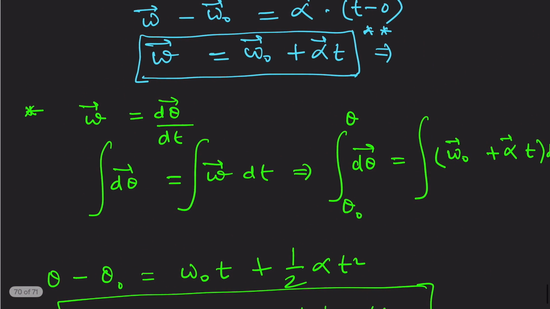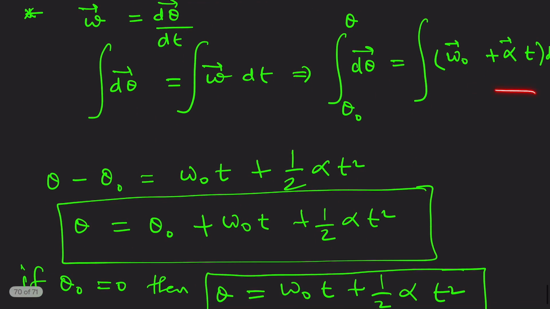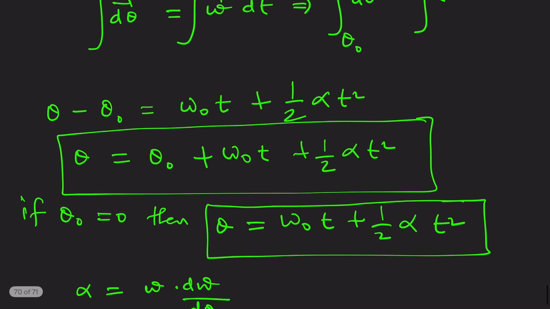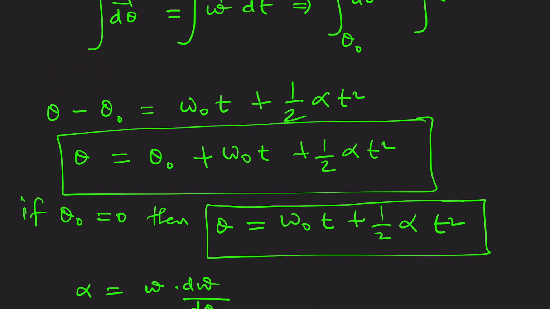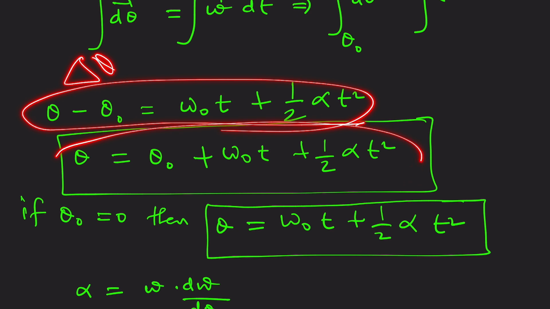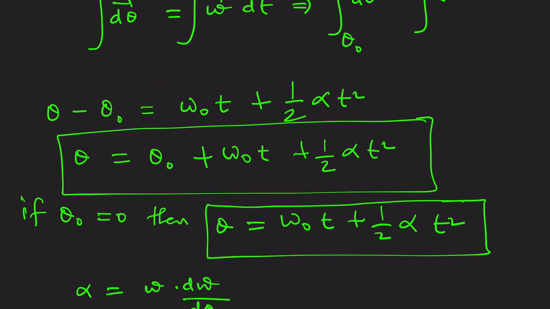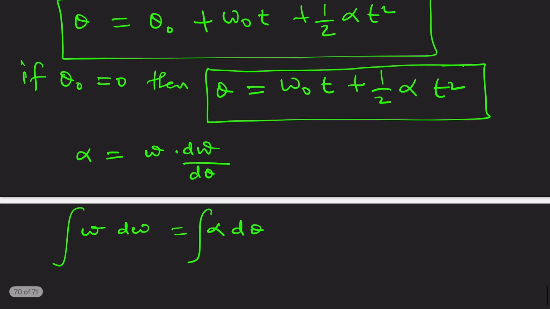I think only this single equation we can write in the vector form, but these equations wouldn't be the right way to write like this. Why? Because you know that delta theta is not a vector quantity. That's why I'm not writing them in vector form. And wherever the directions are needed, I am going to take care of them manually.